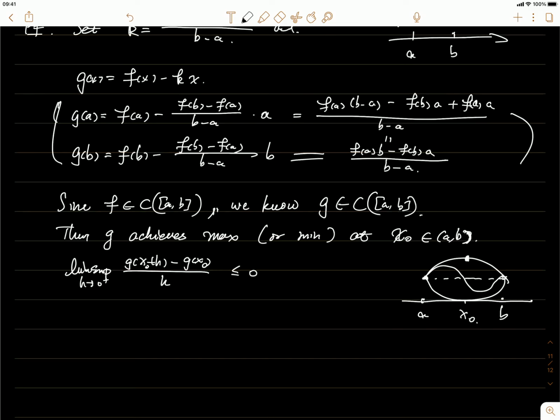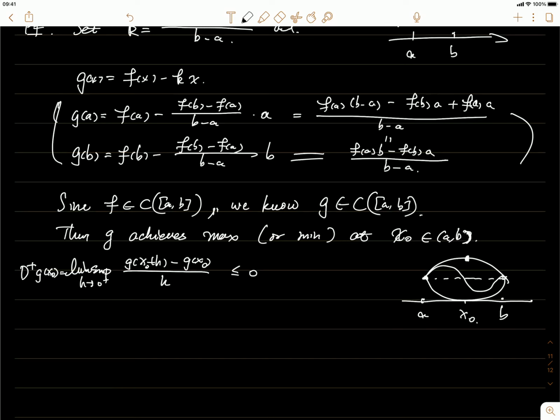The reason is that this must be bigger than or equal to this, since this is the maximum value. And this is actually D plus g at x naught.